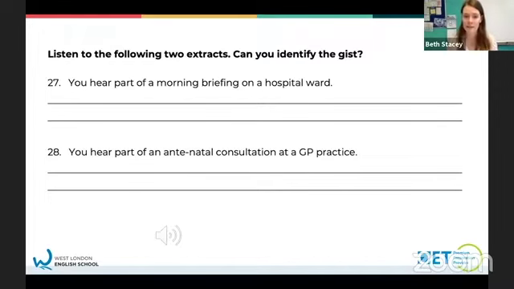With the second one, they were talking about this lady who is due to give birth, and she was talking about wanting a home birth, and she was asking about some different kinds of painkillers. She also mentioned the depression that she had after her first child. So now we're going to look at the question, because in the exam, of course, you can see the question and the options.